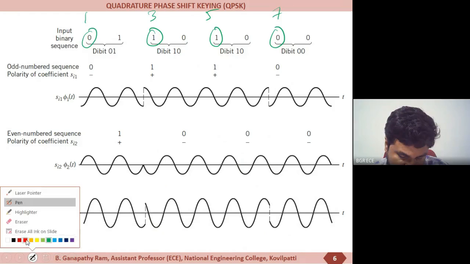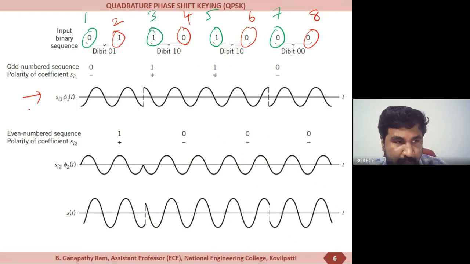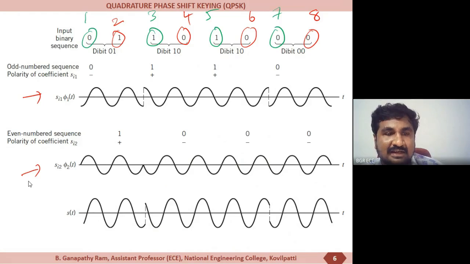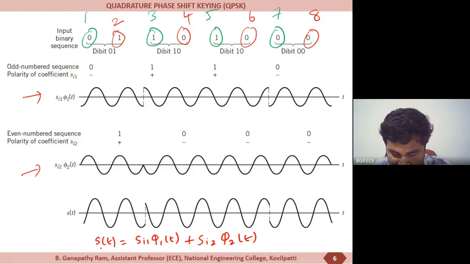Similarly, all the even number positions 2, 4, 6, and 8 are represented by Si2 phi 2 of t correspondingly. And S of t can be written as Si1 phi 1 of t plus Si2 phi 2 of t.